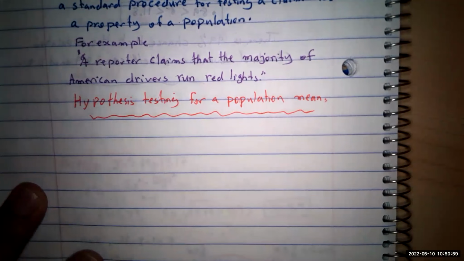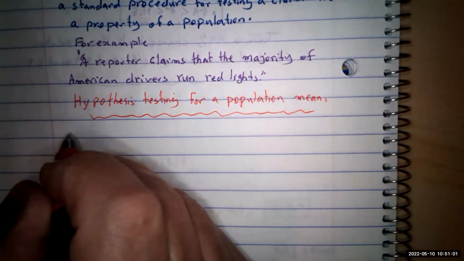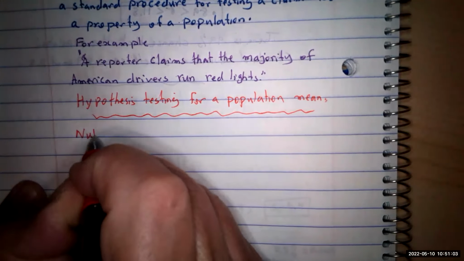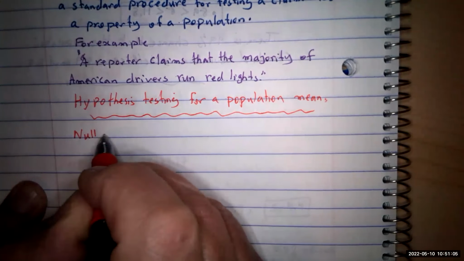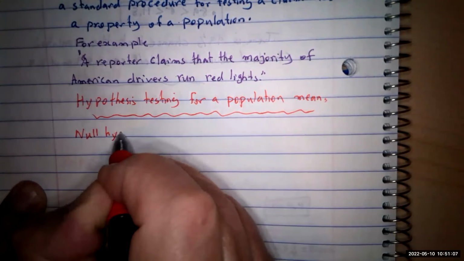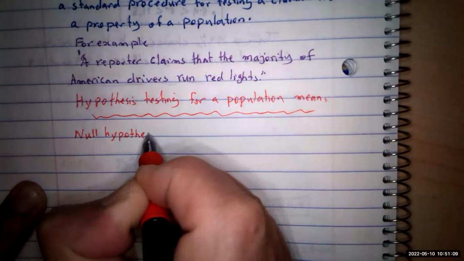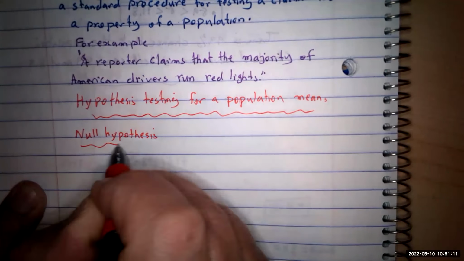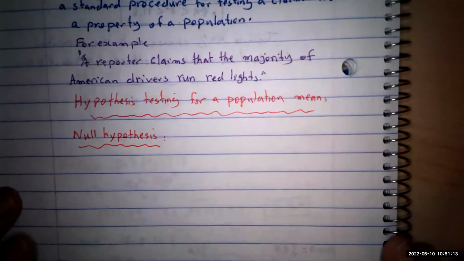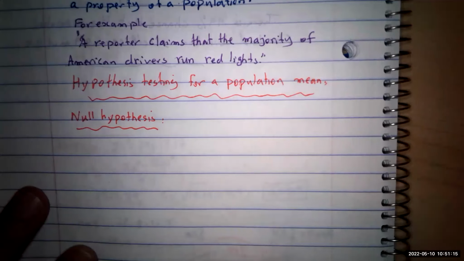The first expression is called the null hypothesis. You see, the null hypothesis is a claim that you are going to test. We have a special notation for it, H0.